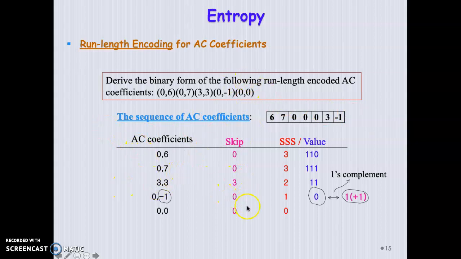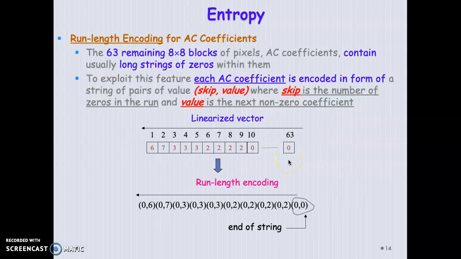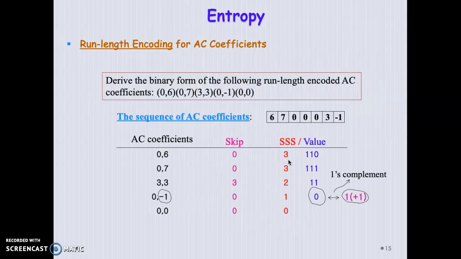You will encode it as 0 6, the skip is 0, and the SSS is 3. That means for 6 you will need 3 bits, so the value will be 110.